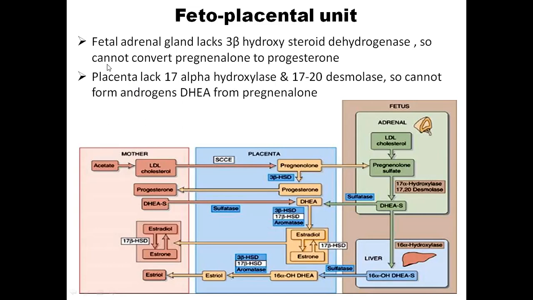On the other hand, if we look at the placenta, the maternal side, we see it lacks 17 alpha hydroxylase and 17,20 desmolase. These two enzymes are present in abundance in the fetus, so that it can produce enough DHEA from pregnenolone, which is the precursor of mainly estriol, E3, and also from here we can produce estrone and estradiol.